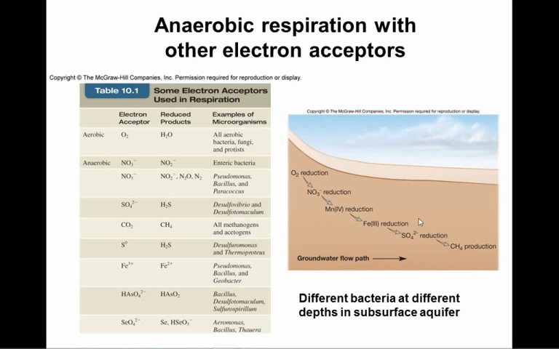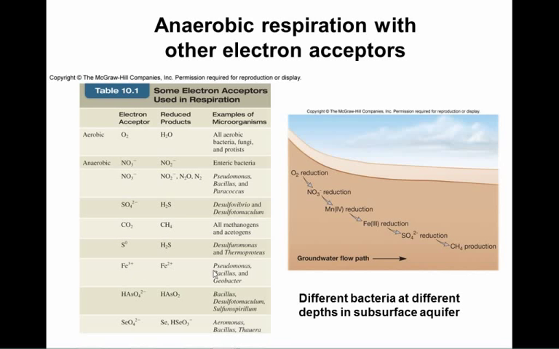So which bacteria are going to do this? Okay, for nitrate-based anaerobic respiration, Bacillus, Pseudomonas, and Paracoccus can do this. Sulfate being reduced to sulfide, Desulfovibrio. Okay, carbon dioxide being reduced to methane, methanogens. Don't need to know any names really, they're archaea.